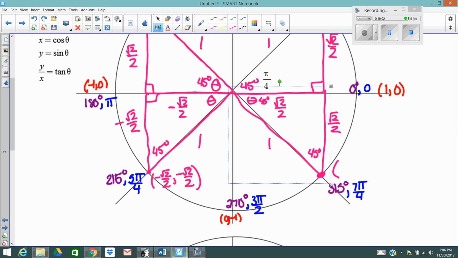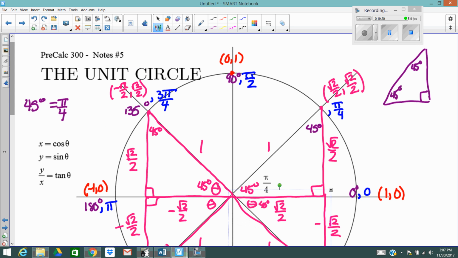So when I do cosine of theta, I get square root of 2 over 2, since I went right. I went down, so sine of theta is negative square root of 2 over 2. And those are my points around my unit circle, all with my reference angle of 45 degrees.